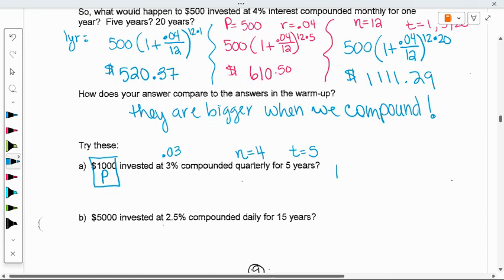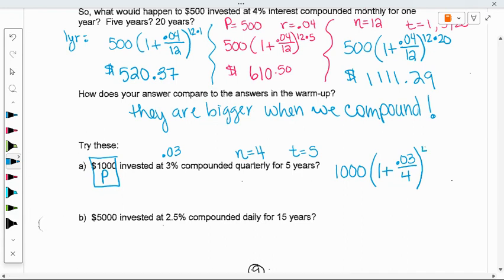Our equation, 1,000 times the quantity of 1 plus my rate, 0.03, divided by my number of compounding periods, which is 4. Close my parenthesis, all to the N times T power. Well, I'm going to write it out, 4 times 5, but you guys can just put it into your calculator as 20. So how much money are you going to get after 5 years at 3% compounded quarterly?